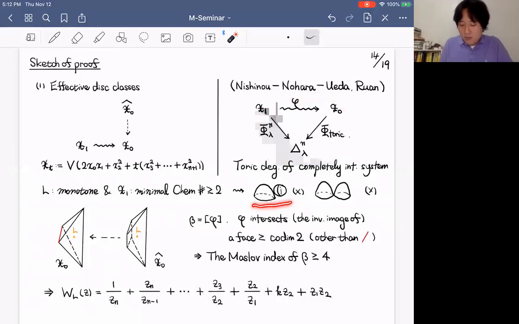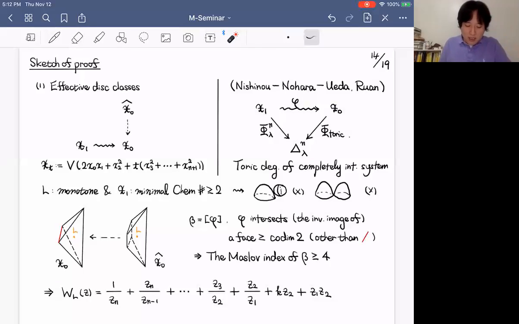So the bubbling configuration cannot contribute to our potential function. So honestly, only the disks can contribute to our disk potential. That's the good thing.